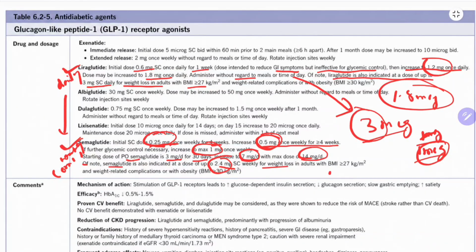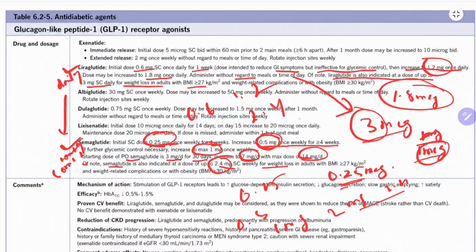You will increase the dosages in increments, doubling: 0.25, then 0.5, then 1, then 2 to 2.4. Similarly for liraglutide, 0.6, then 1.2, then 1.8, then 2.4, then 3.